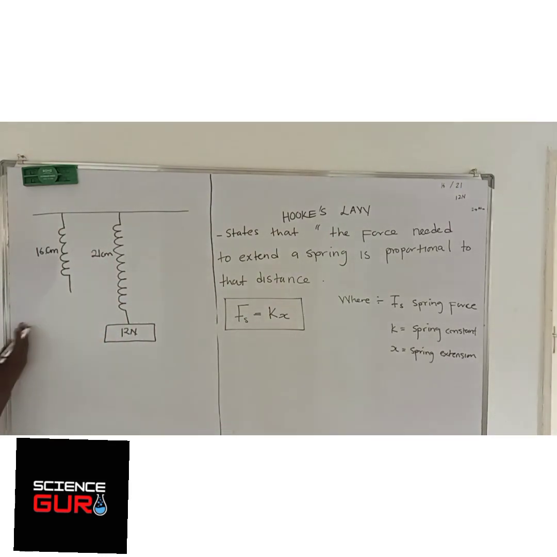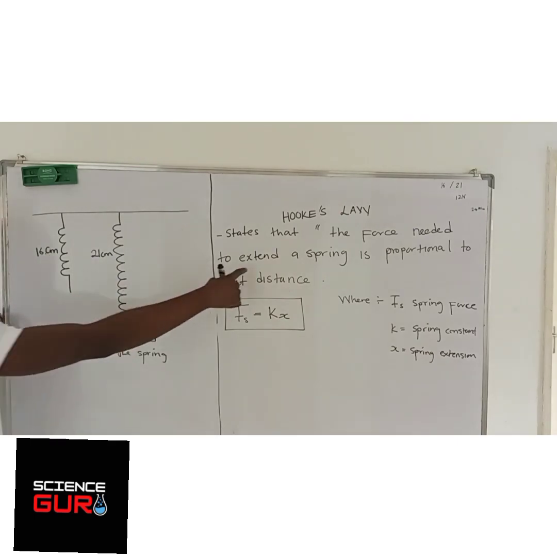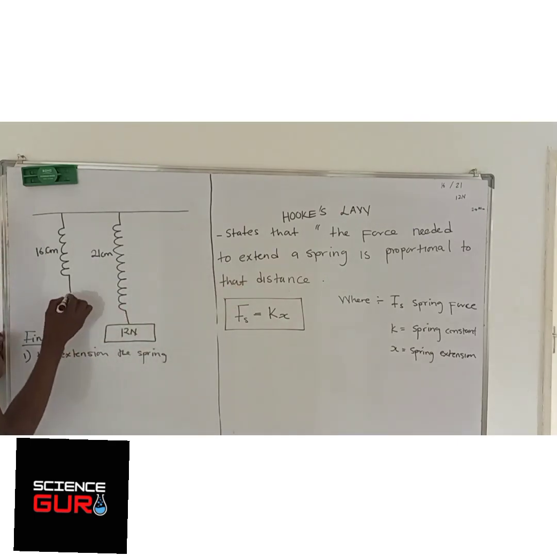Now, guys, sometimes in the exam, they're going to tell you to find the extension of the spring. So go on your table, we're trying to interpret and find this. It ended up to here. Have you seen?